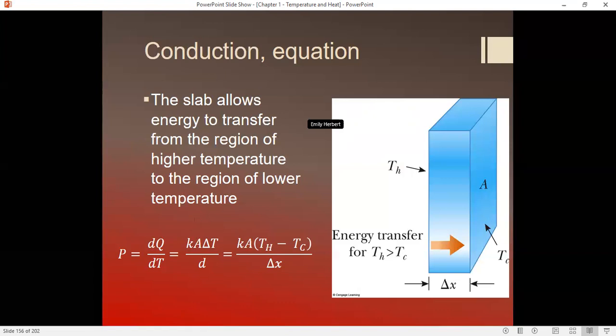I want to decrease this power. In that case, I want a low thermal conductivity. I want very little area. I don't want a large difference in temperature. And most of all, I want a tremendous amount of thickness to insulate, okay?